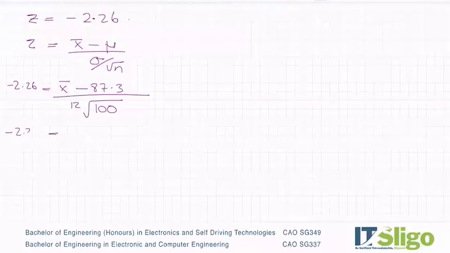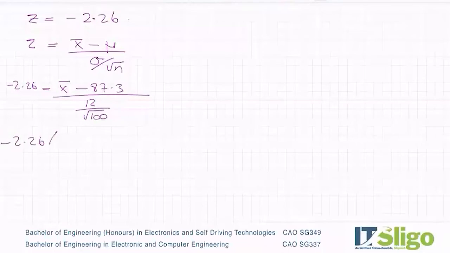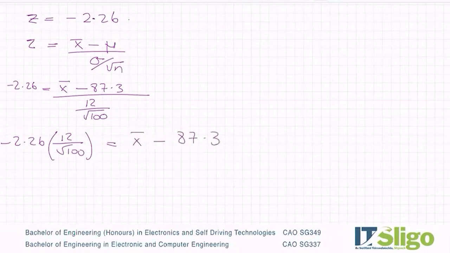So minus 2.26, let me write that out a little bit more clearly, times 12 over root 100 is equal to X bar minus 87.3.